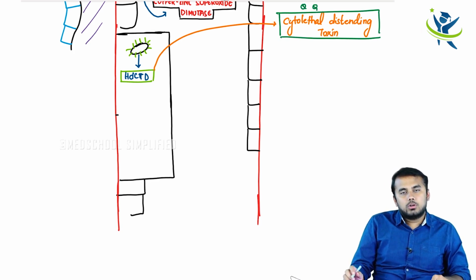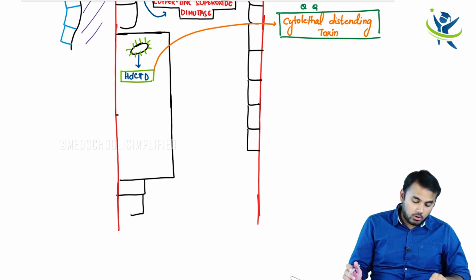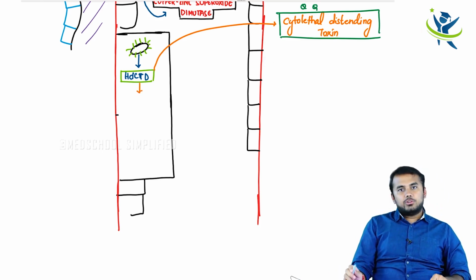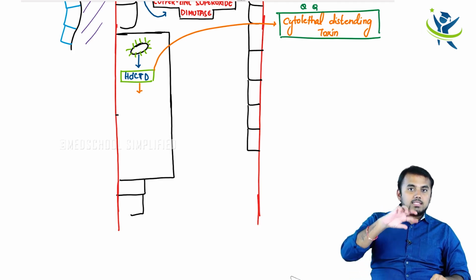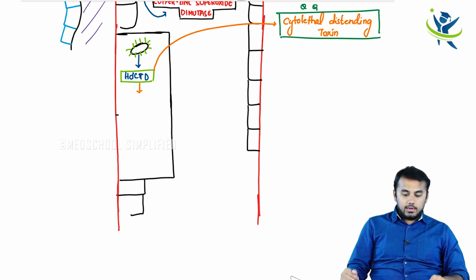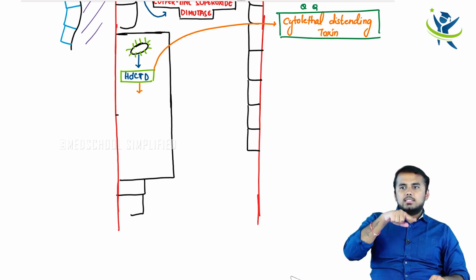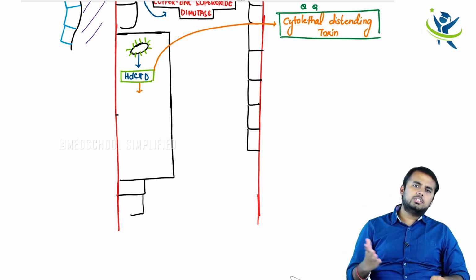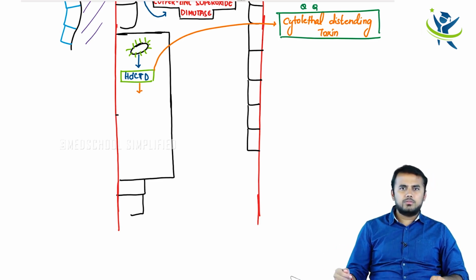You know what this toxin is gonna do? This cytolethal distending toxin, look here now, every cell, if it has to divide, what process will it undergo? Mitosis and meiosis, obviously, right? So only when there is a cell cycle, because with the help of that cell cycle the chromosomes divide, and the cell also divides, right? So within this endothelial cell, there is such a cell cycle happening. In the cell cycle you have the G1 phase, G2 phase, M phase, S phase, and all of these phases, right?